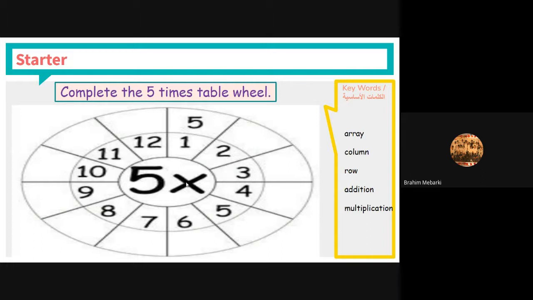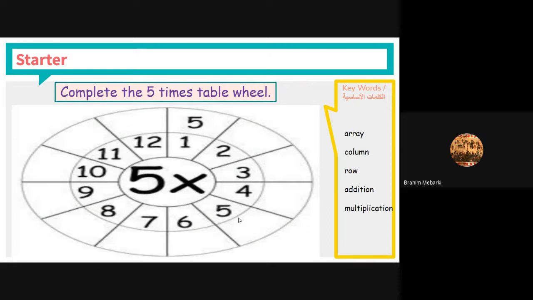Great, so 10. Next, 5 times 3. 15. Great. 5 times 4. 20. 5 times 5. 25. Great, amazing. 5 times 6. 30.